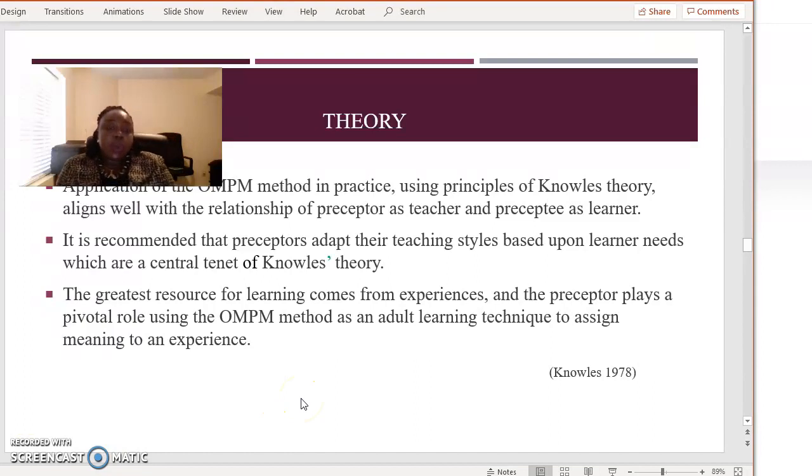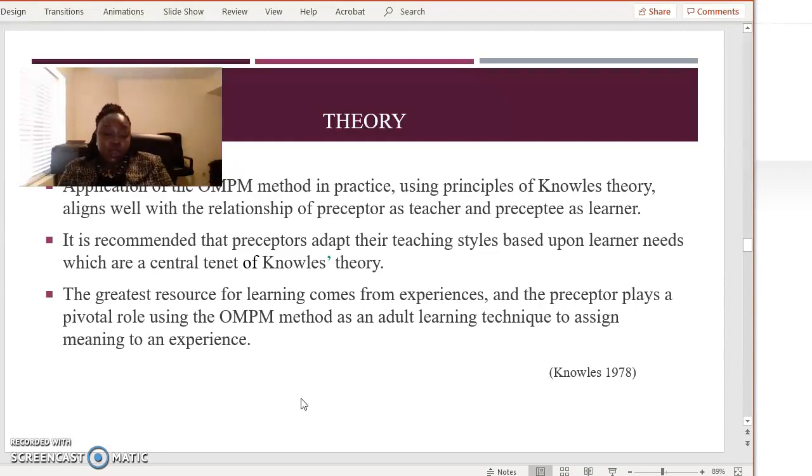The application of the 1-minute preceptor method in practice using this theory aligns well with the relationship of the preceptor as a teacher and the preceptee as the learner. It is recommended that preceptors adapt their teaching style based on learners' needs, which are central.